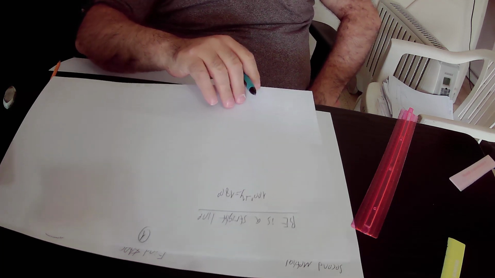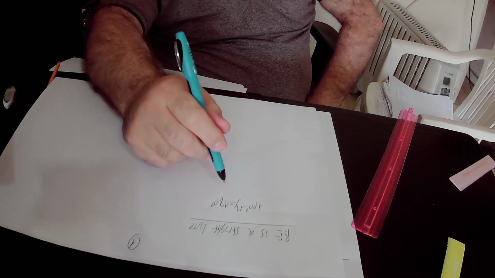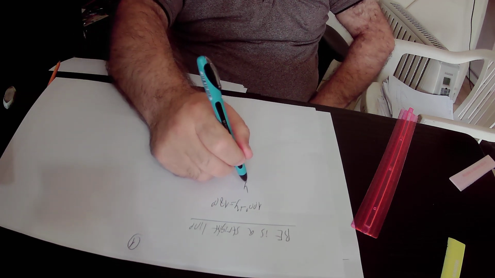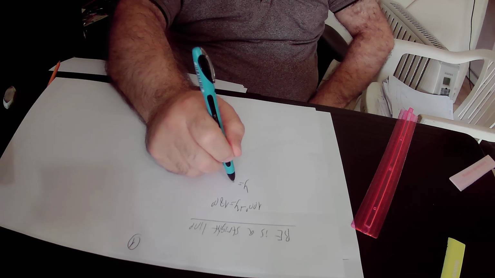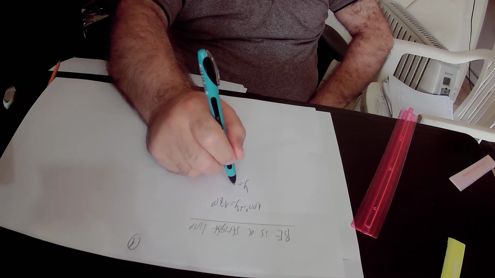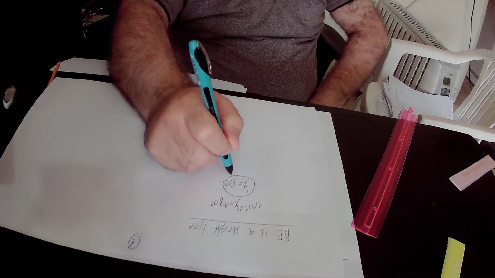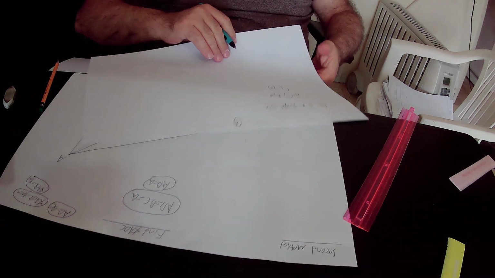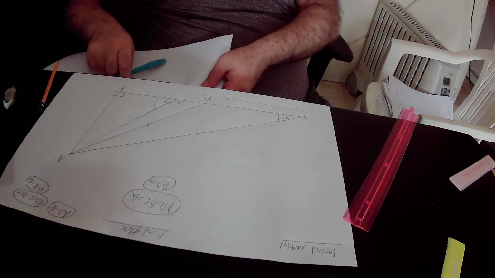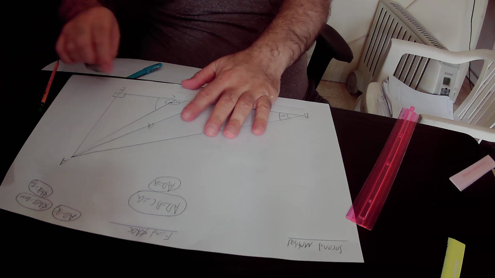Here we will subtract 100 degrees from this equation, and we get that angle Y equals 180 degrees minus 100 degrees, which is 80 degrees. So we found out that angle Y equals 80 degrees, and we can substitute angle Y by 80 degrees.